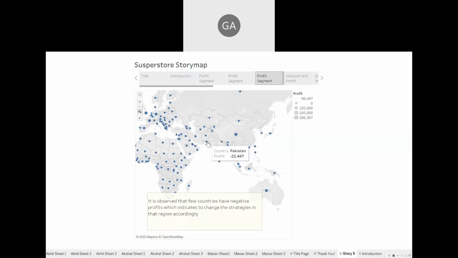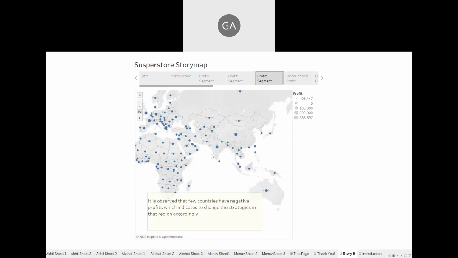Where profit is low, we need to update some things. You can see Pakistan is at minus 22,000, and for other countries like India it is a little high. This is the overall 4 years profit in each country. So based on these numbers, we can improve our strategies in that region accordingly.